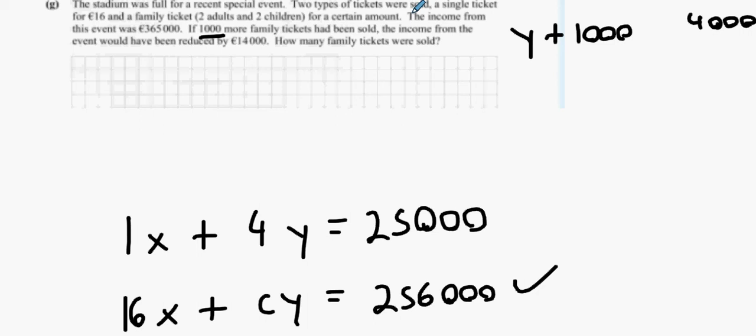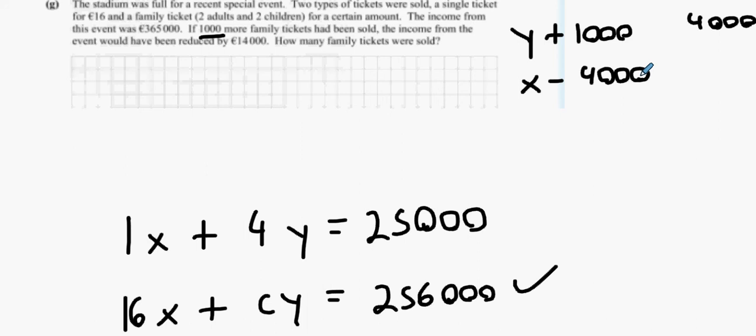Because it said it was at capacity in the first question, didn't it? So this means that your number of single tickets actually has to reduce by 4,000, because you're including 4,000 more people with the family. So you have to reduce the single tickets by 4,000 as well.